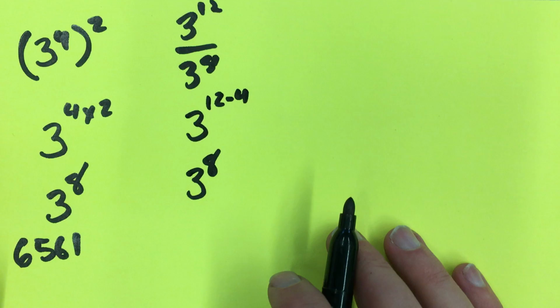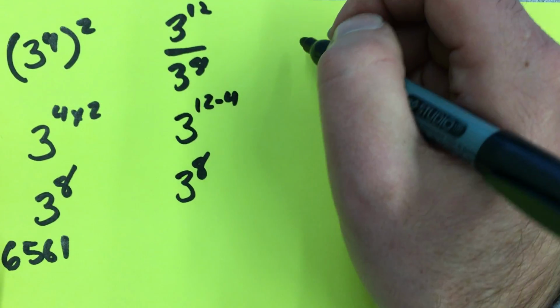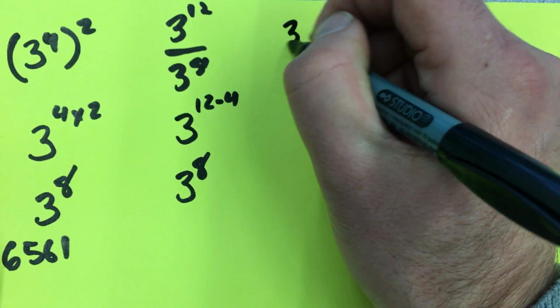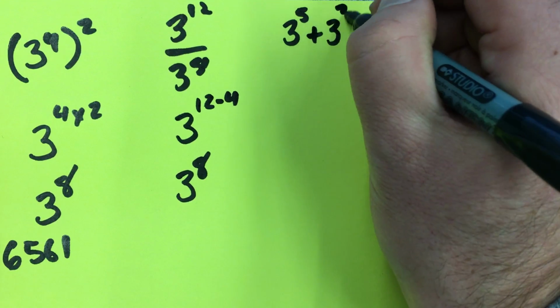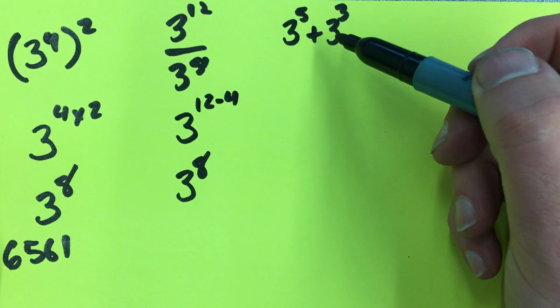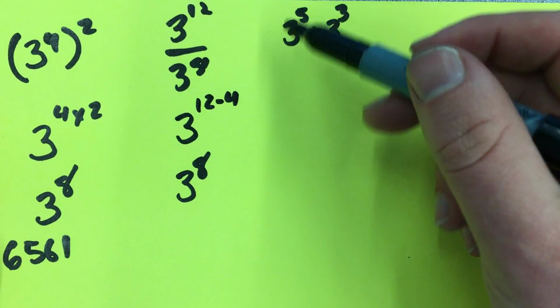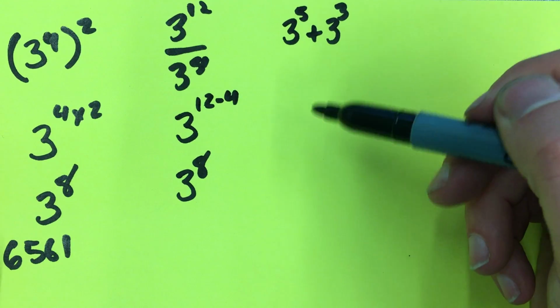Okay. The next one was interesting because it wasn't really a rule that we talked about in class, but we're going to talk about how to solve it. So we have 3 to the power of 5 plus, or adding, 3 to the power of 3. Well, there's no rule for adding or subtracting, so we need to get the value, then add or subtract.